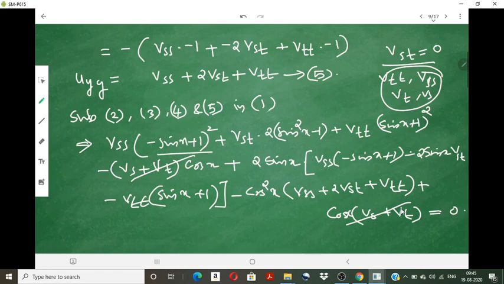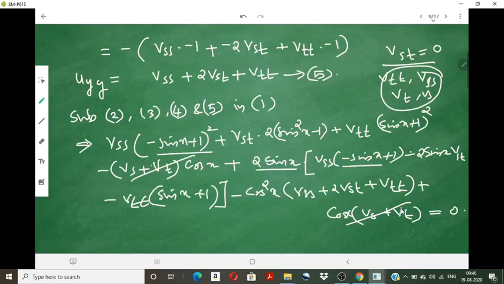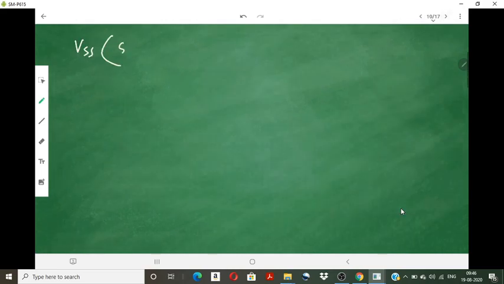Now again there is minus 2 sin square x, then minus cos square x. So we can rewrite the Vss coefficient as minus sin x plus 1 whole square, that is sin square x minus 2 sin x plus 1.